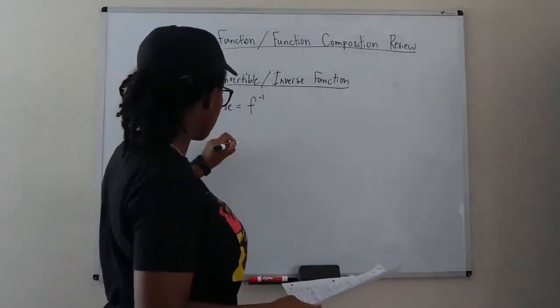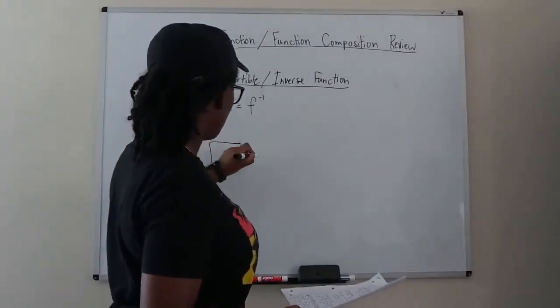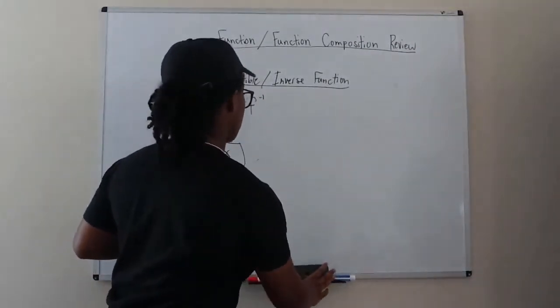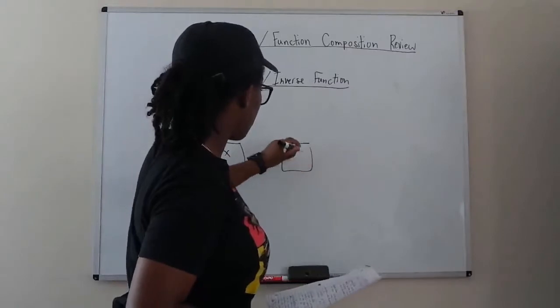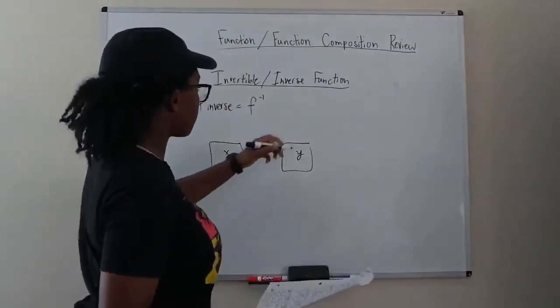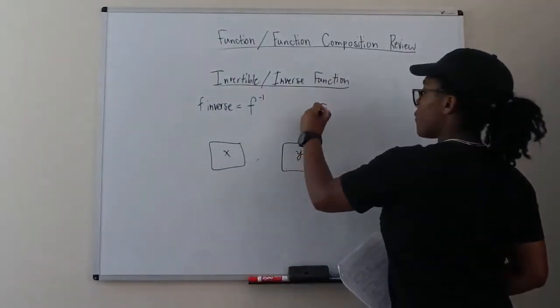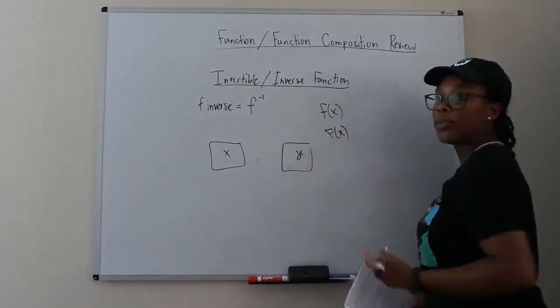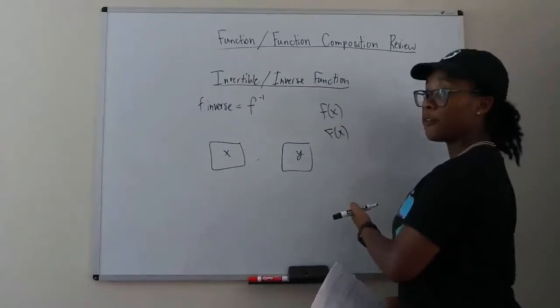So basically what this does, let's say for just a regular function f, a lot of times you'll see f of x or capital F of x, and that's just saying that this particular expression is a function.